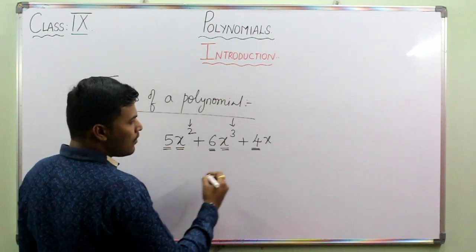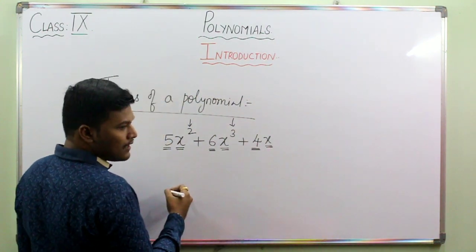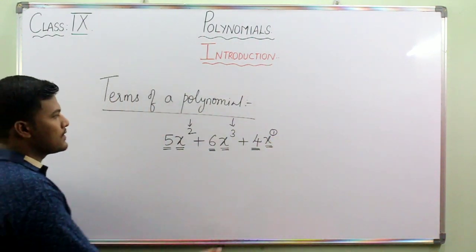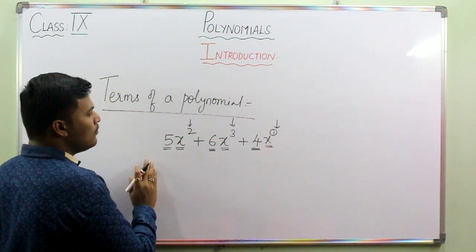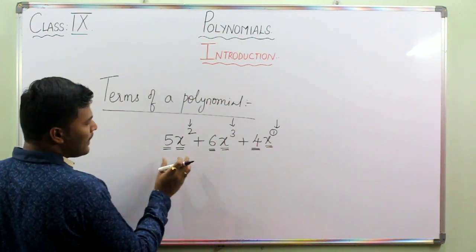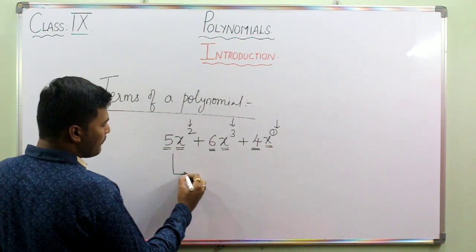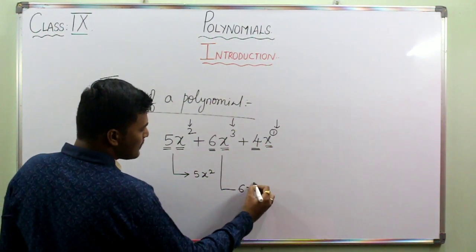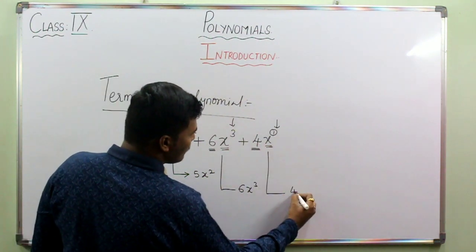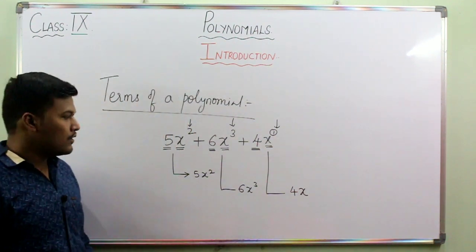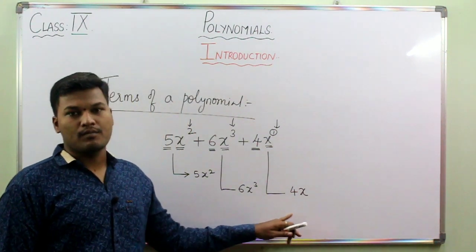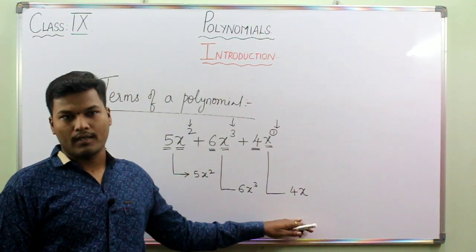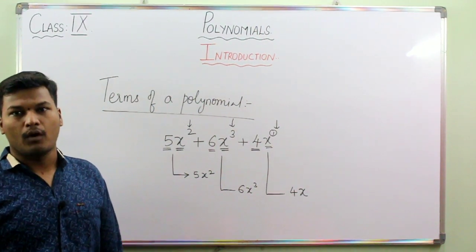Similarly, 4 is a constant, x is a variable and it has a power of 1, which is a whole number. Here we have three terms. The first term is 5x square, the second term is 6x cube and the third term is 4x. These are called the terms of the polynomial.